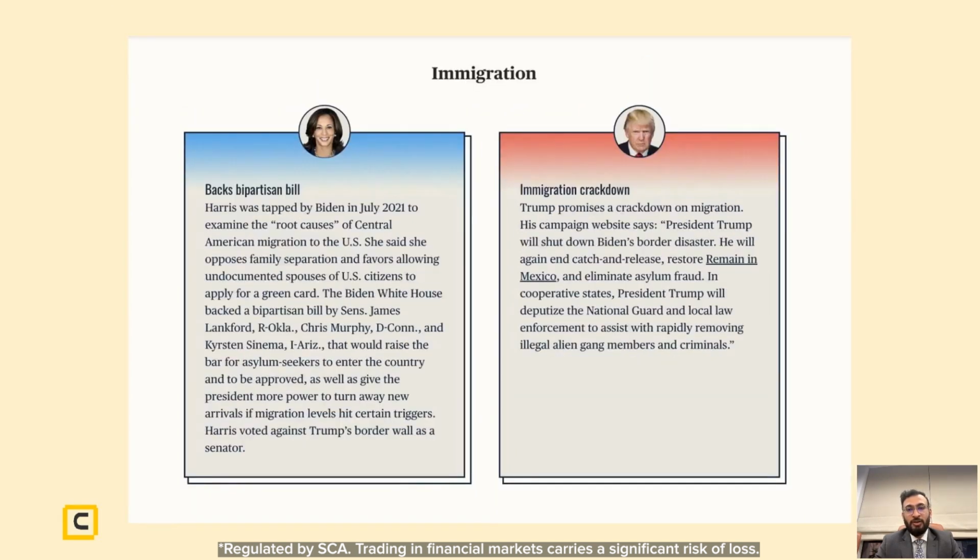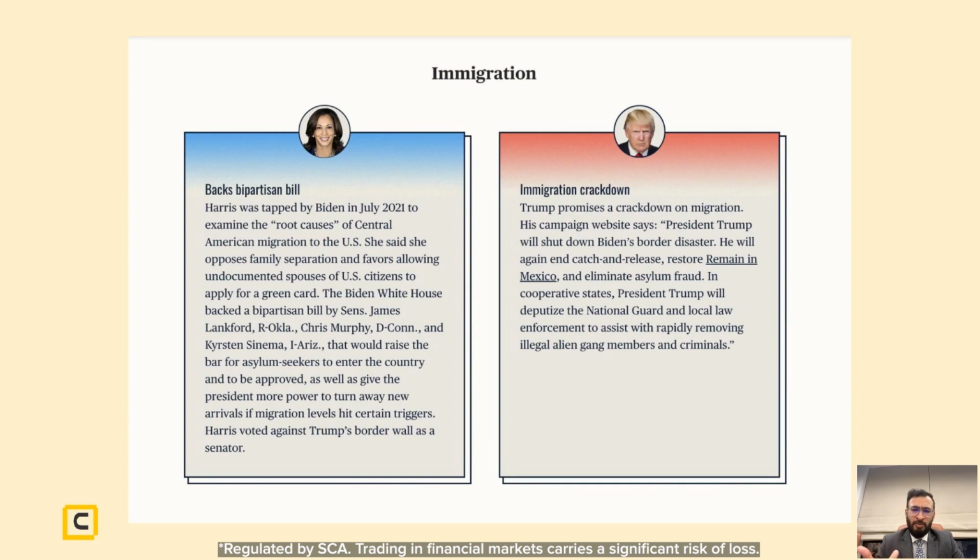Now, moving on to the other part, which is immigration. When we talk about immigration, it has been a serious issue. Kamala Harris backs something called a bipartisan bill, while Trump promises a crackdown on migration. Even the campaign website of Donald Trump says that President Trump will shut down Biden's border disaster.